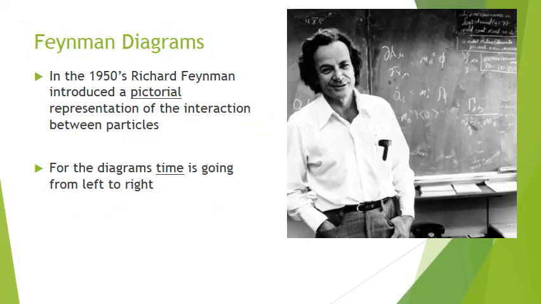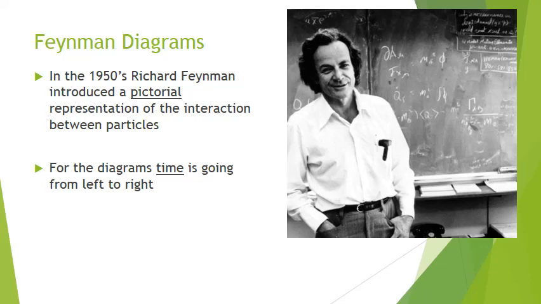Now, Richard Feynman helped, well, he did a lot of things, but one of the neat things that he was able to do was communicate these very, very difficult ideas in ways that normal people like us could understand, right? Just people that aren't experts in particle physics.